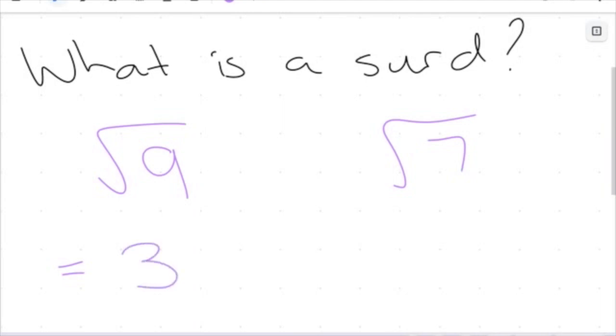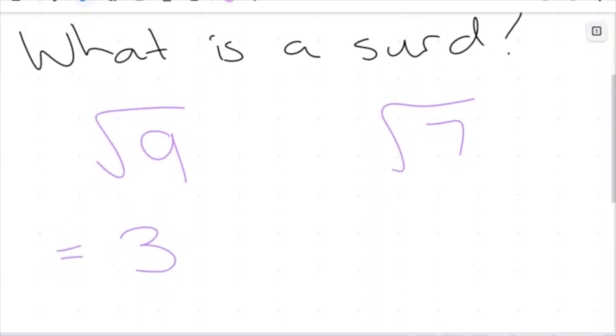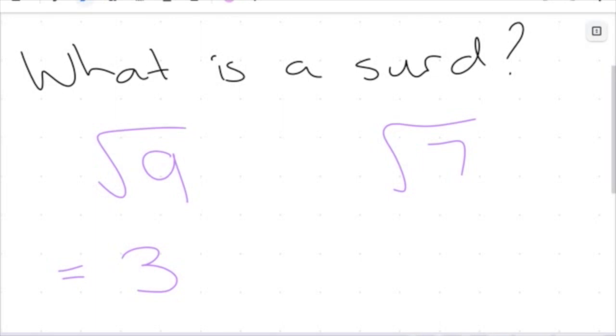So this is kind of the opposite operation. So taking a square root of a perfect square gives me the number that was multiplied by itself to give me 9 in this case, for example. So this root 7 here, this is where things start to get a little tricky, right?